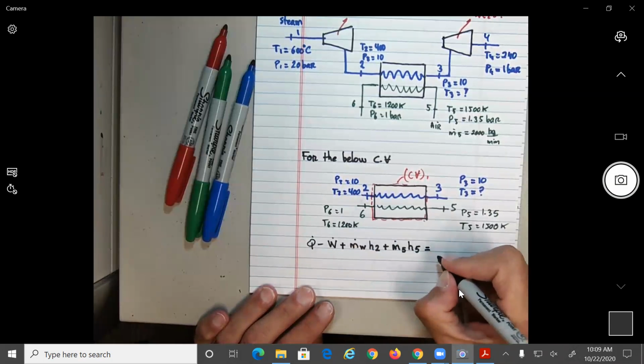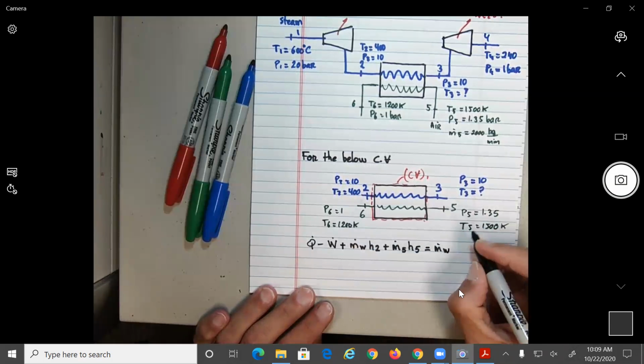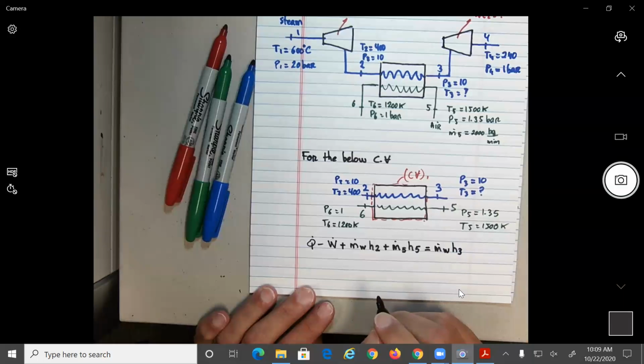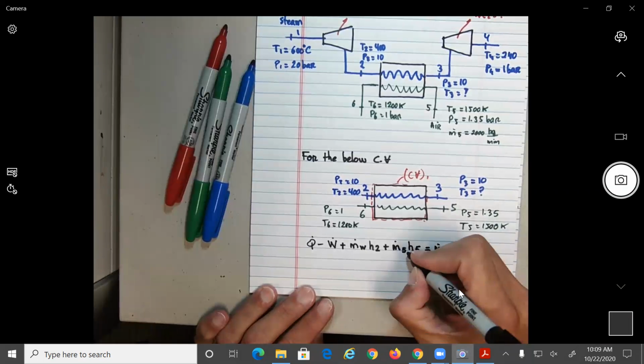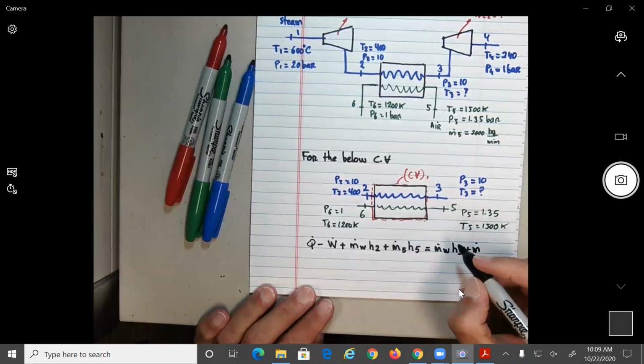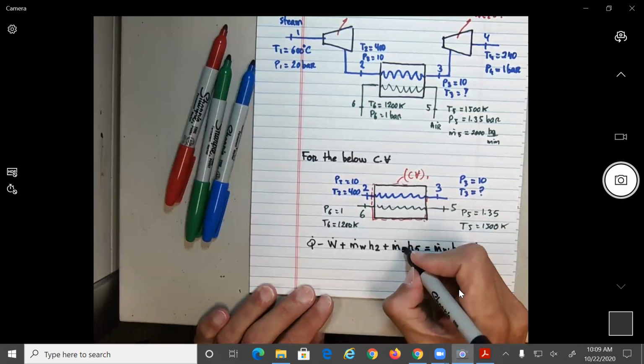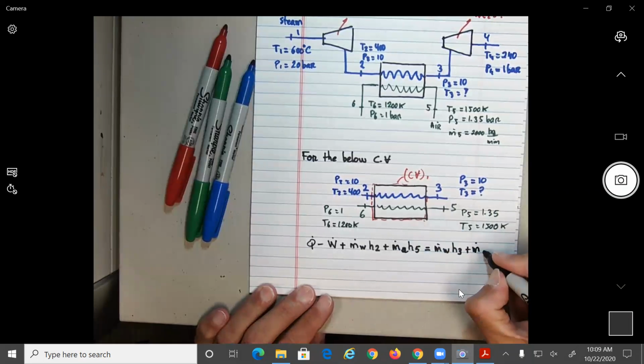Now, what is coming out? The mass flow of the water times H3 plus the mass flow of the air. Oh, this is M5. Let's call this one m_a, m_a, and this will be H6.